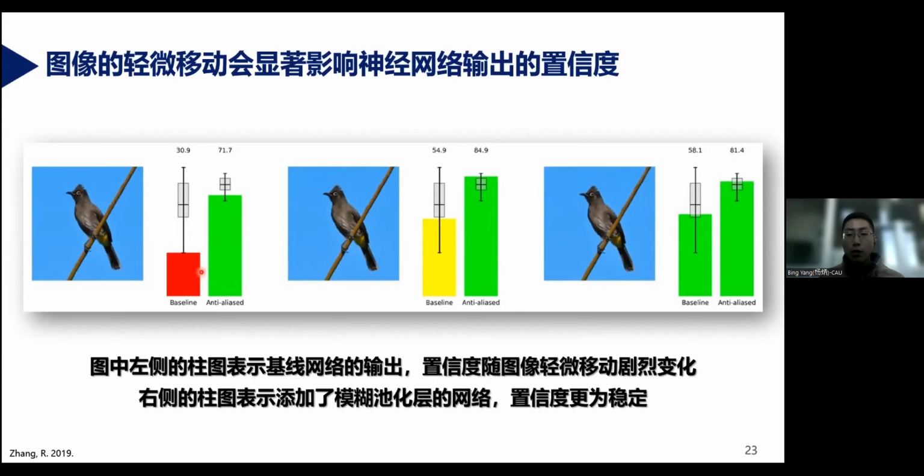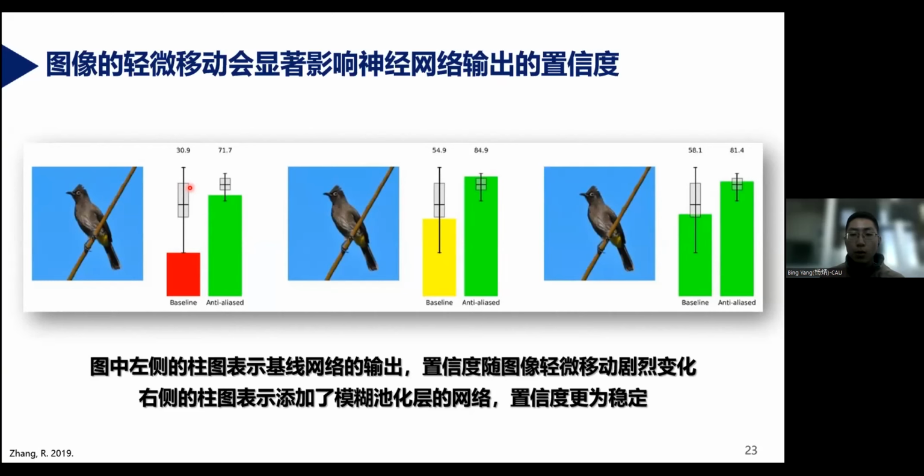On the left, the bar graph represents the output of the baseline network. We thought the image didn't change. There's only a slight move of pixels, so it seems unchanged to the human eye, but the neural network views such changes, and the accuracy drops, as the red shows a low recognition rate.